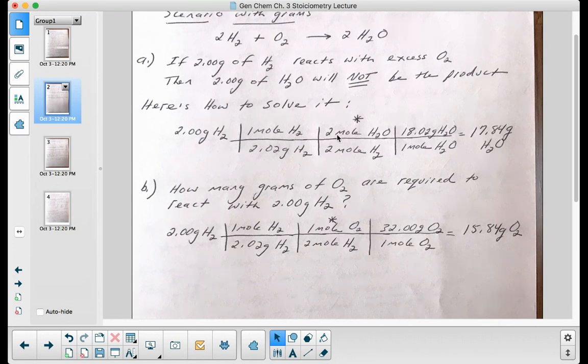So if I now do my mathematics here, I'm going to take 2 grams, divide by 2.02, multiply by 2, then divide by 2, then multiply by 18.02, divide by 1. Clearly, you don't have to do those steps where you're multiplying by 1 here, dividing by 1 here.